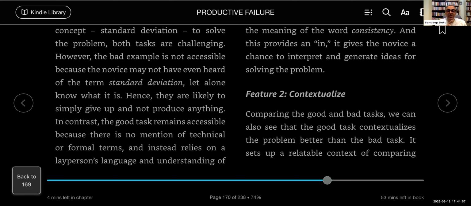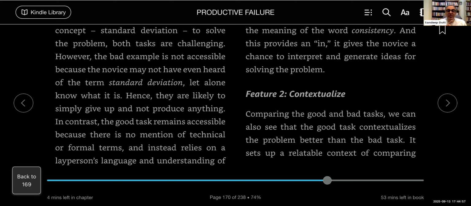It anchors their learning. A good task should be a problem or challenge or something that needs resolution. And even better, something the learner can relate to, in this case, sporting context. By contextualizing the challenge, learners explore more aspects of the problem and are given tools to evaluate their progress.